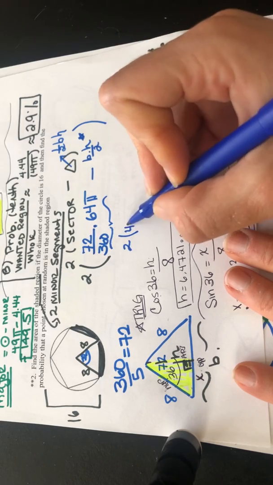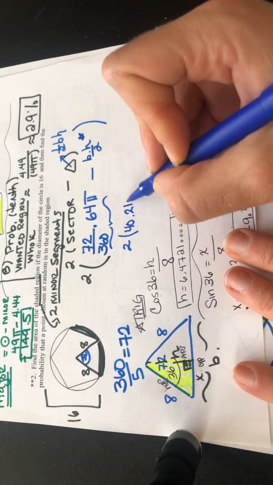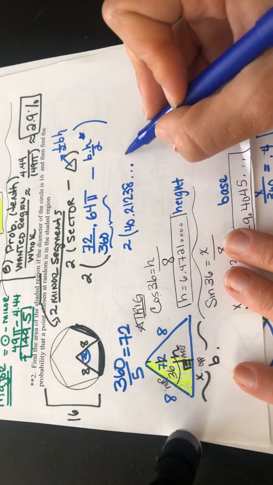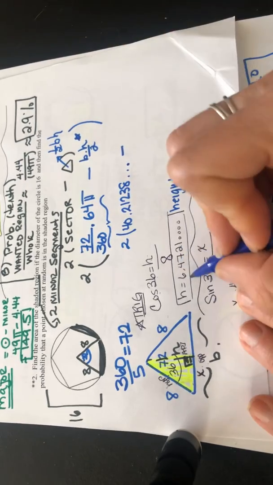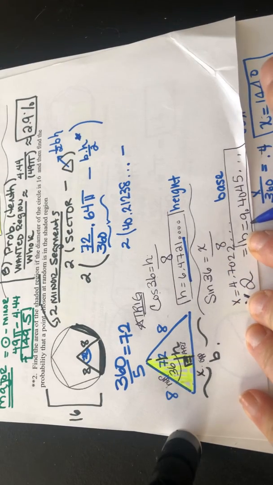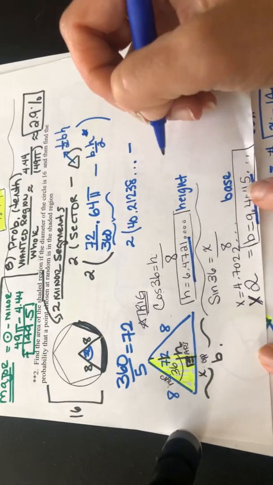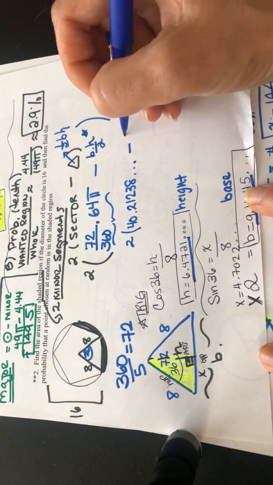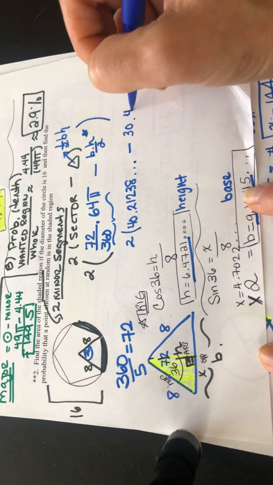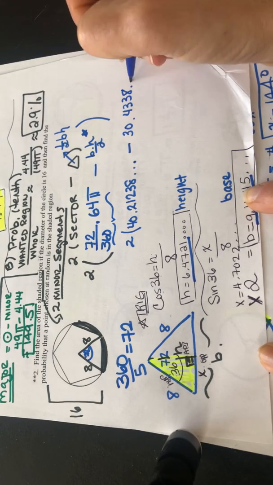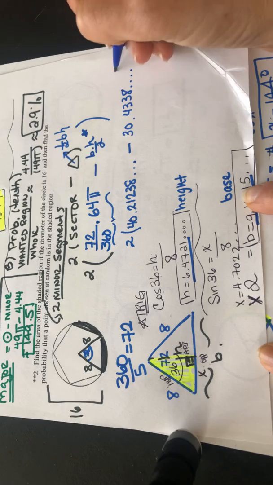I'm only going to write a few of the digits, but please use your calculator. Minus, if I take this number times this number over 2, you should get about this, and some other numbers.